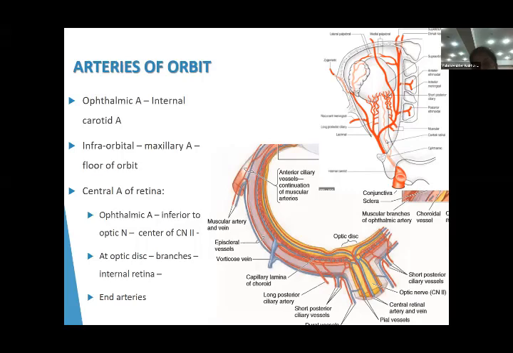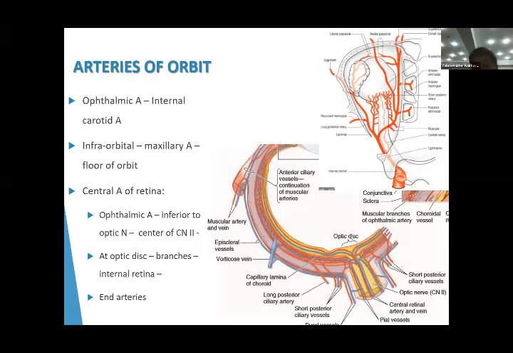It runs inferior to the retina to begin with, and then it pierces the coverings of the meningeal layers of the optic nerve and enters into the center of the optic nerves, run in the center of the optic nerve. बेटा ये देख लें आप, it is running right through the center. ये yellow में सारी optic nerve है, and the central artery and vein of the retina are running right through the center of the optic nerve.